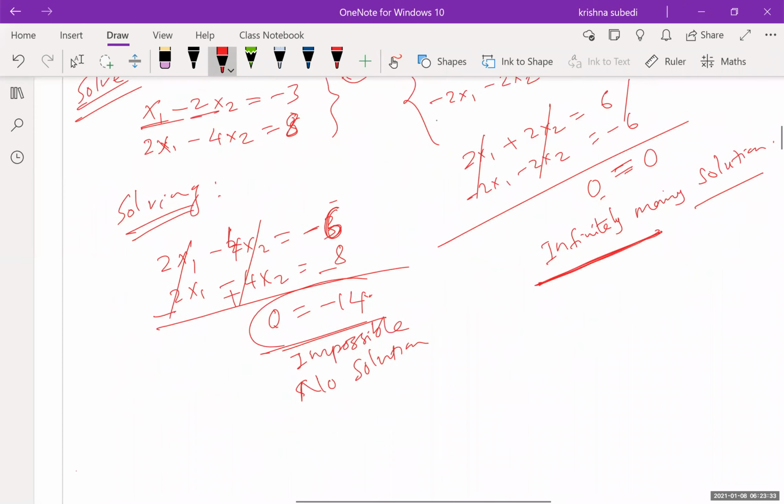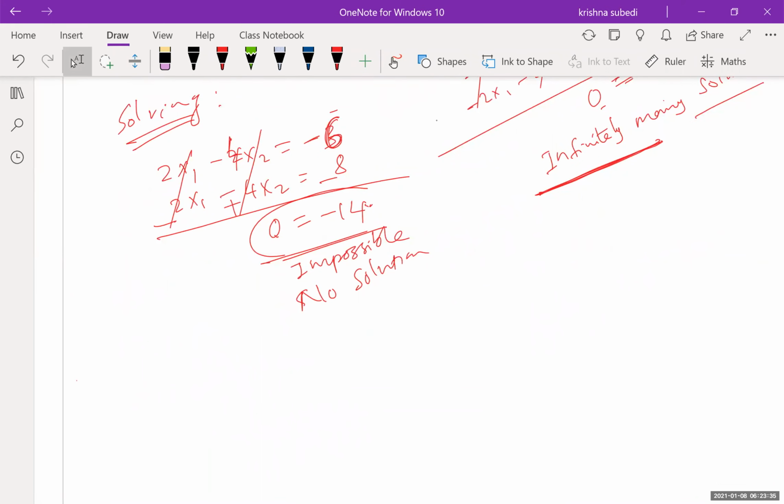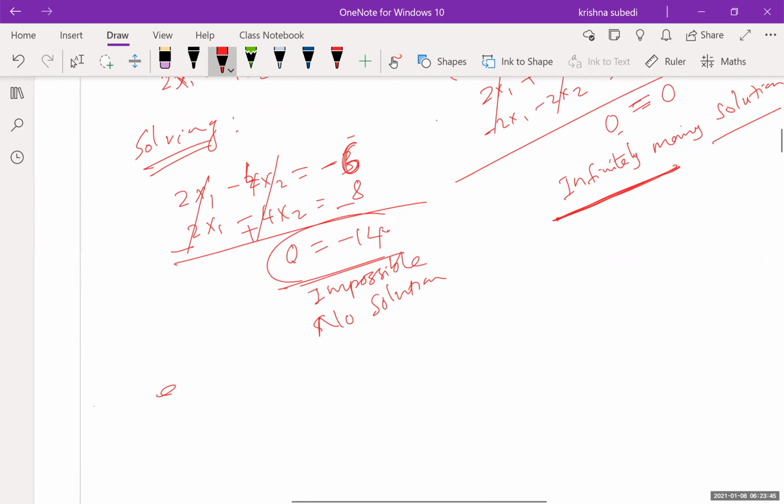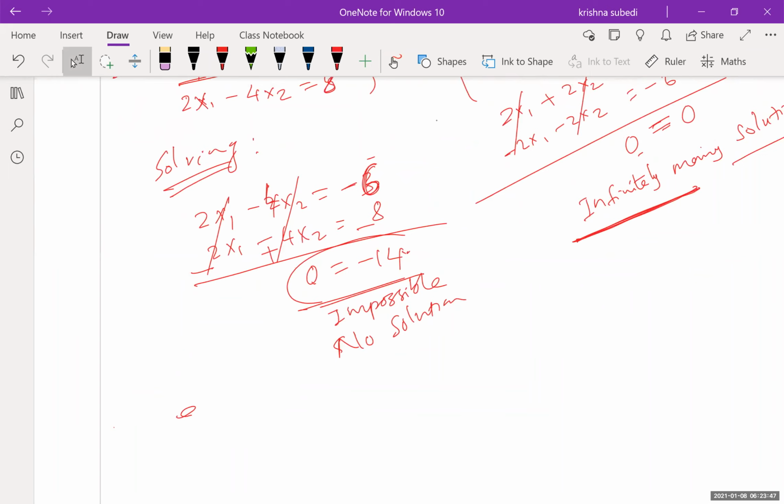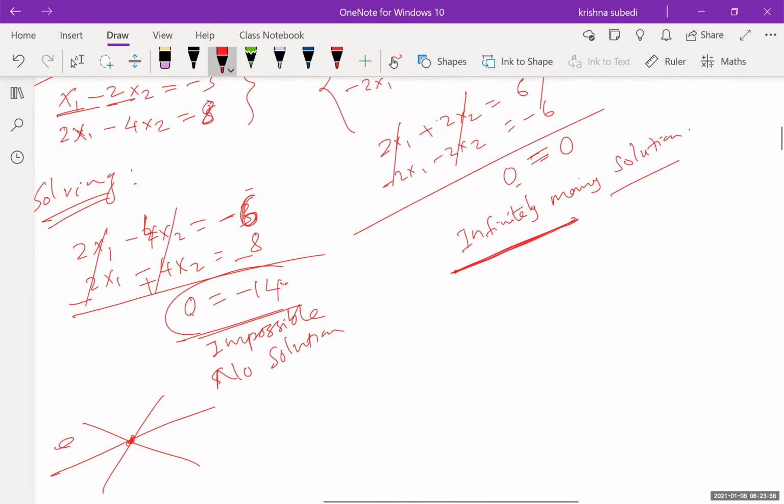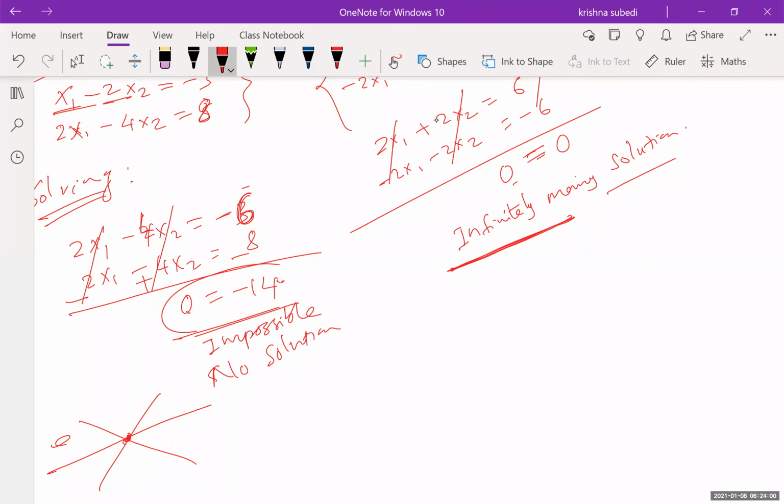Now, what we noticed so far is that if we are given two or more equations for that matter, then one situation is the lines will intersect at one point. So you'll have one solution. Another situation is the lines do not intersect.